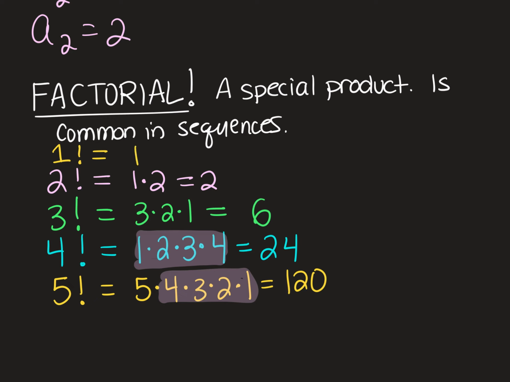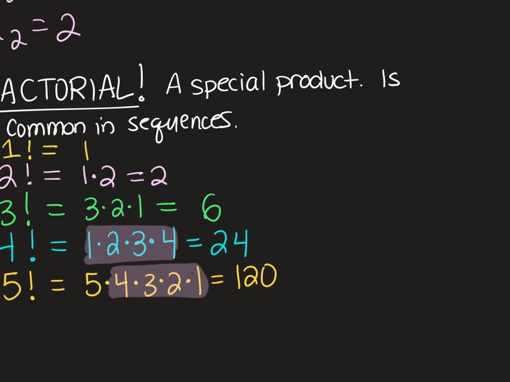Now, here's what I want to do. I want to define it using a more generic approach. So we said it's a special product. It's common in sequences. We found the first few terms of it. It's defined this way. N factorial, if we define it in a generic manner, says start at 1 and multiply the numbers together all the way up to n. So whatever n is, you go from 1 up to that number.